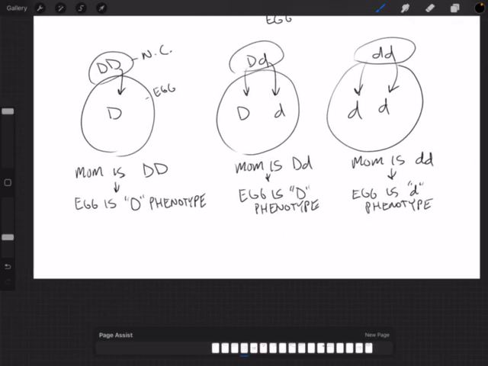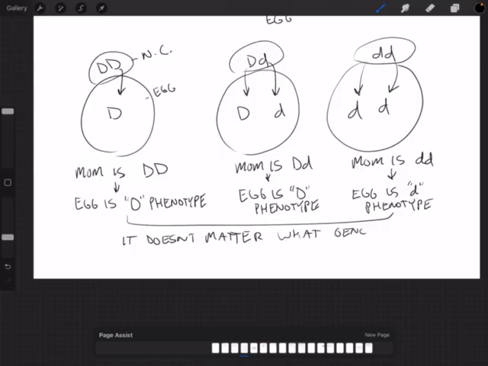It instead only has the protein products and mRNA from the mother that are the recessive d allele. So just to reiterate, it doesn't matter what genotype the egg is, only the mother's genotype.